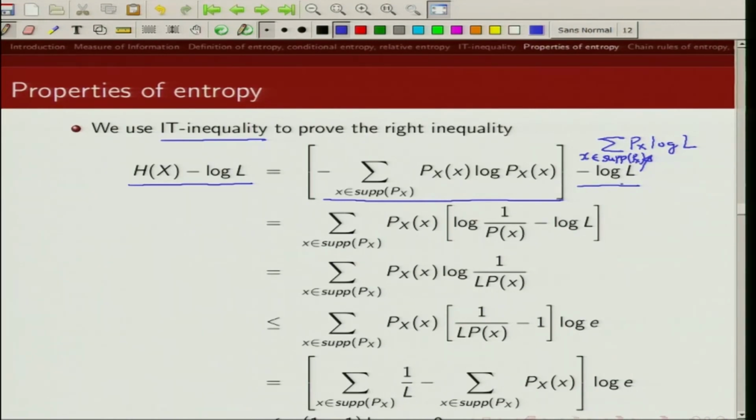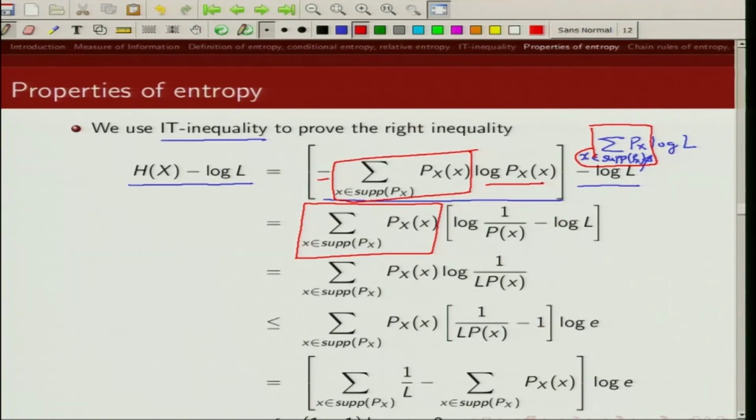So if I write log of L in this particular fashion, you can see that this particular term and this particular term have p of x in common. So I take this term out. Now I have minus log of p of x, that I can write as log of 1 by p of x.